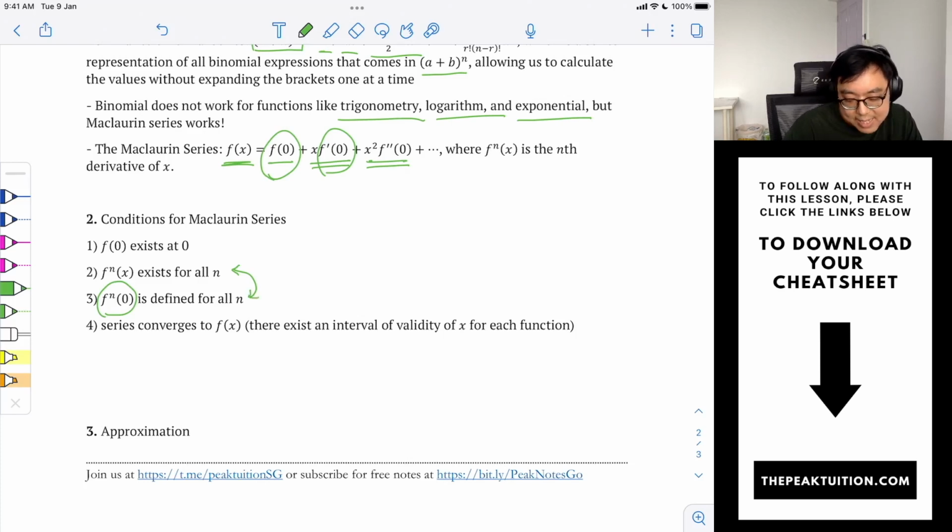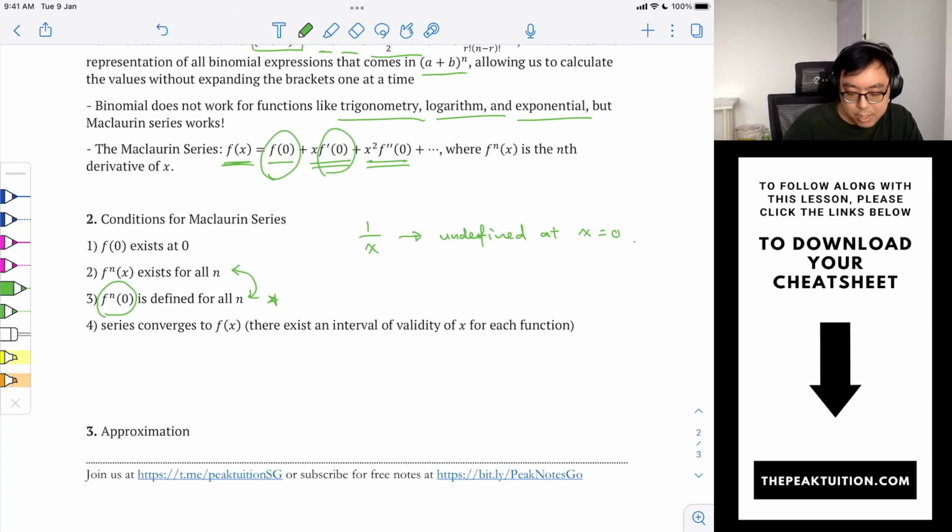So these two are slightly different. There's a nuance, but it can be important. So let's say I tell you that the derivative is 1 over x. 1 over x is a defined function, but it's undefined at x equals 0. So if one of the derivatives is 1 over x, then this condition is not met.